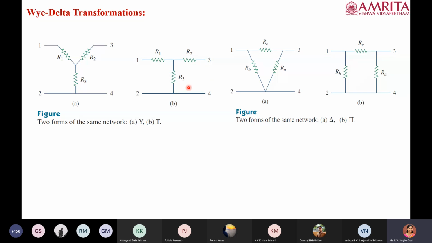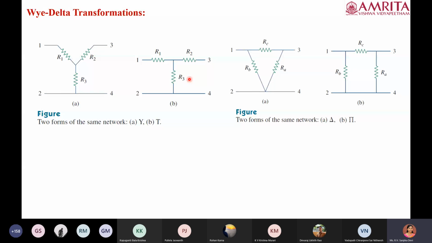Say, for example, when we have a T configuration in a network, sometimes it may be difficult for us to directly simplify. In that case, if we transform from Y to delta, then the final equivalent resistance can be computed in a much easier way. So we have to understand how to do the Y to delta transformation and vice versa.